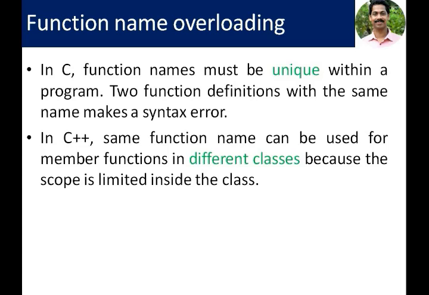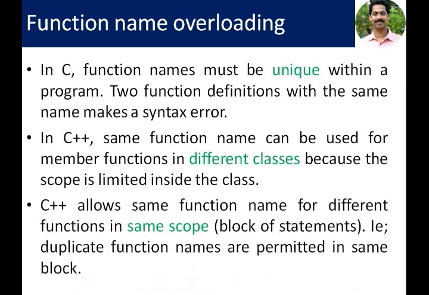That means the same function name can be used in different classes because in each class the scope of a variable is limited inside that class. So we can define the same function names in different classes.